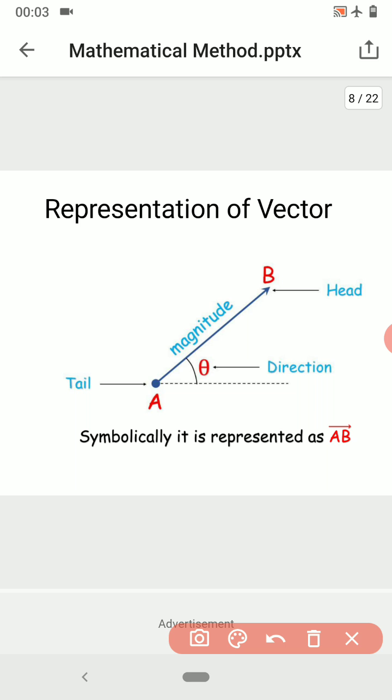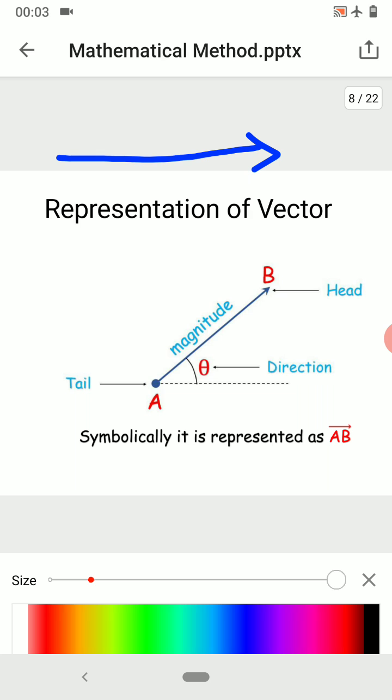First of all, go through this diagram. There are 2 points which are very, very important for representation of the vector: the first dot and the second dot.